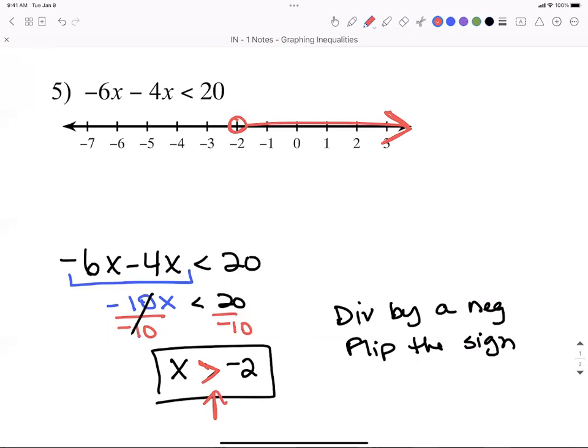So I can't use -2 as a solution, but anything greater than -2 works. And I always like to remember the open circle is like a bubble that protects -2 from the solution because it's not included, okay? So anything greater than -2 is a solution to this inequality. So always put an arrow on your line because everything forever and eternity going forward is a solution, okay?